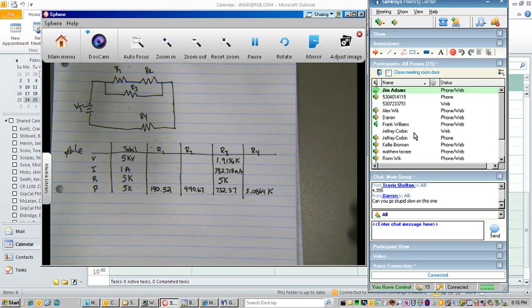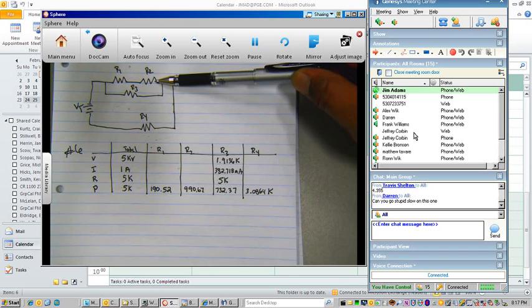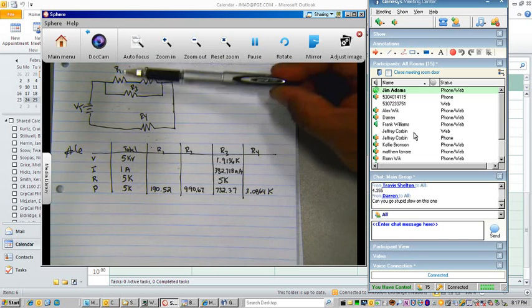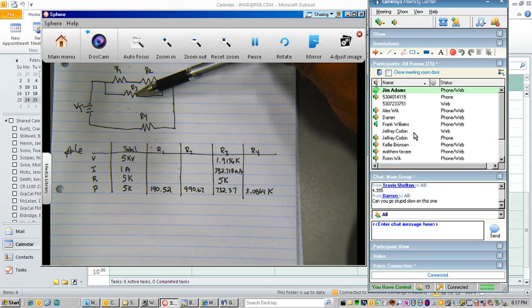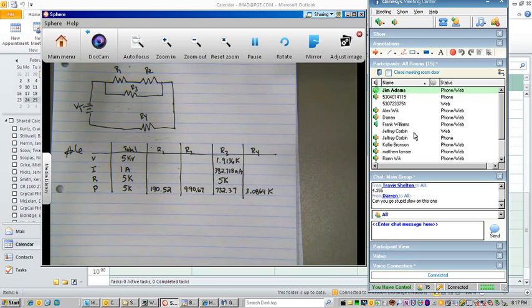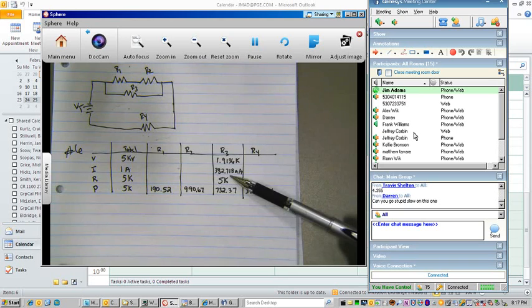Let me check something really quick here. I must have got a number out of whack somewhere. So what do we have? R1 and R2 would be 500.